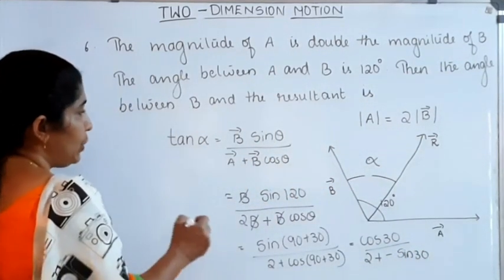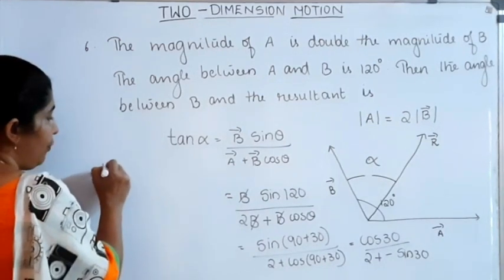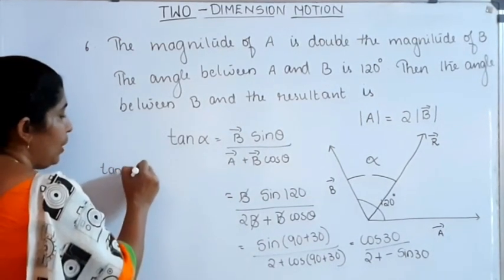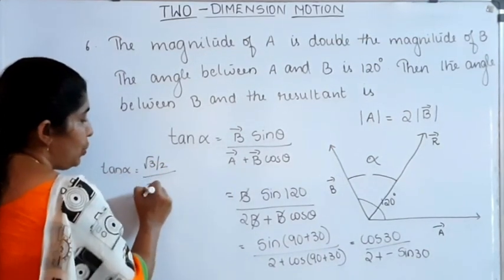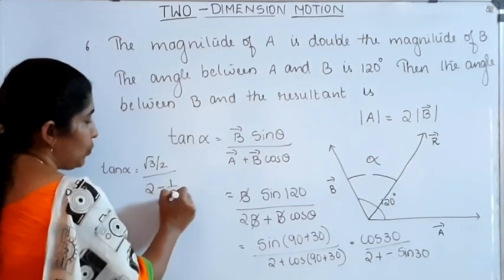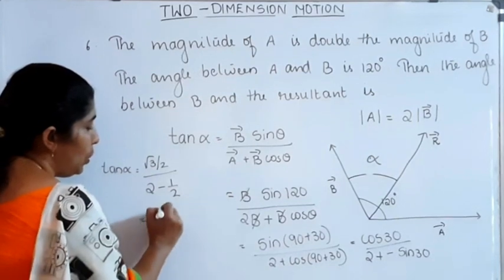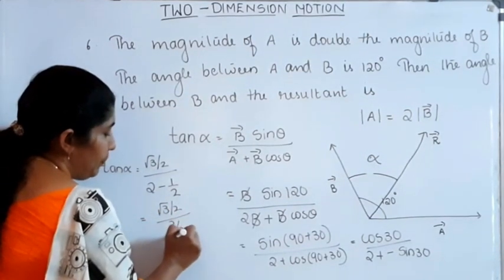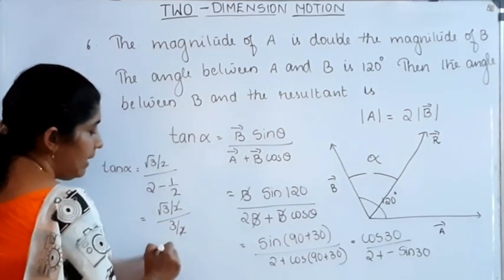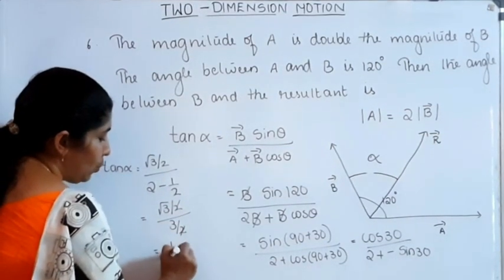Cos 30 is equal to root 3 by 2. Tan alpha is equal to root 3 by 2 divided by 2 minus 1 by 2. That's equal to root 3 by 2 divided by 3 by 2. The 2 gets cancelled. It's equal to 1 by root 3.